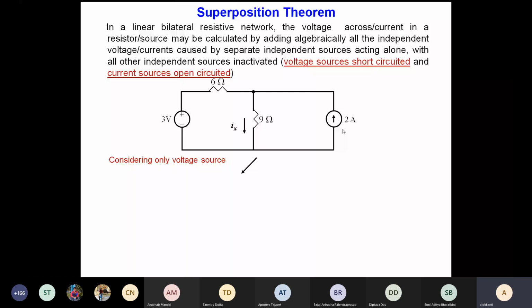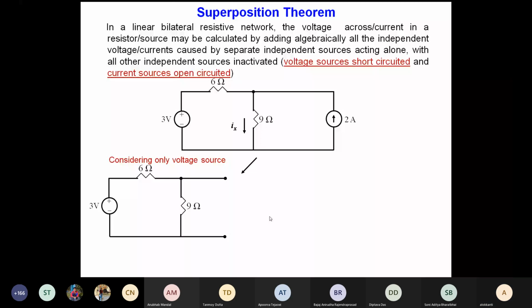So you see the same circuit. I am only considering the voltage source, which means I have to deactivate the current source, and deactivating a current source means open circuiting. I have cut it from here and removed it, and so it becomes like this. Now if you consider only the current source, the current source will be there, and this 3 volt source will be shorted.